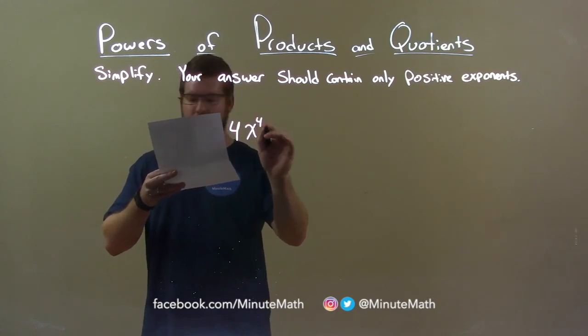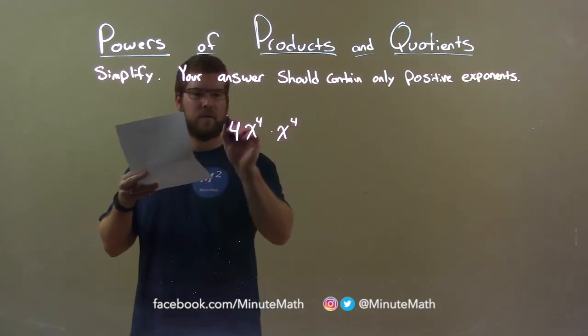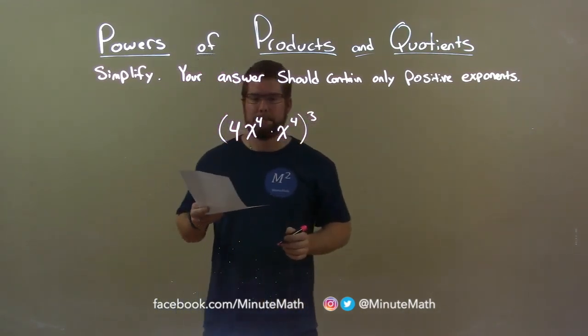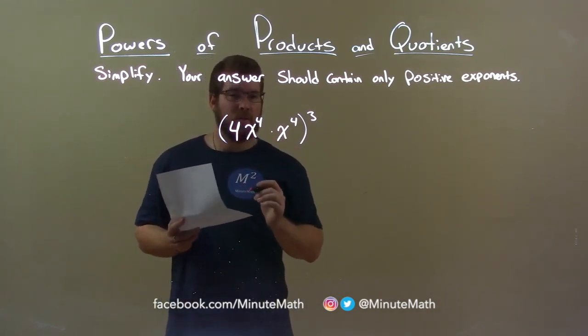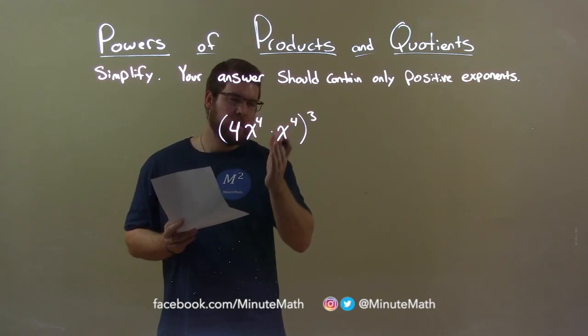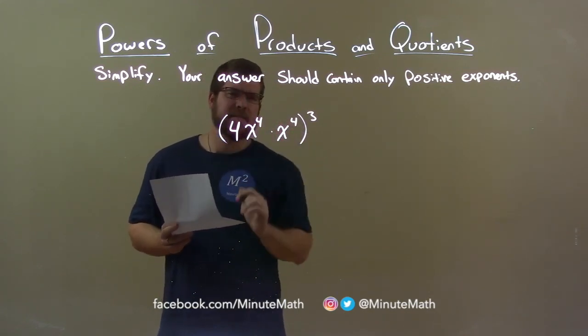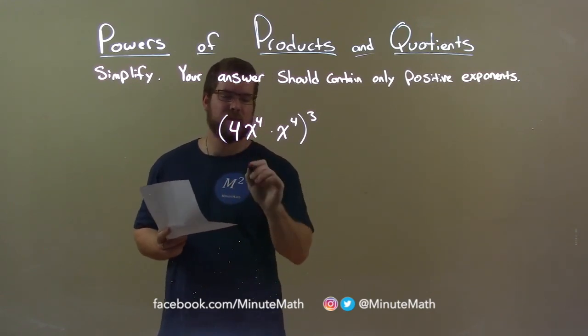4x to the fourth power times x to the fourth power, all raised to the third power. Okay? Well, the coefficient in front of x to the fourth power is really just a 1, so we know that there. And we want to simplify what's inside the parenthesis. 4 times that 1, to deal with the coefficients first, is 4.